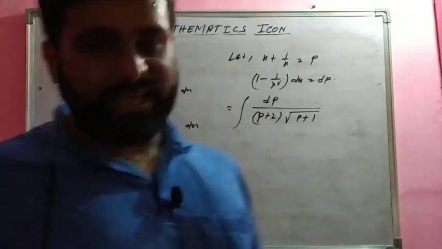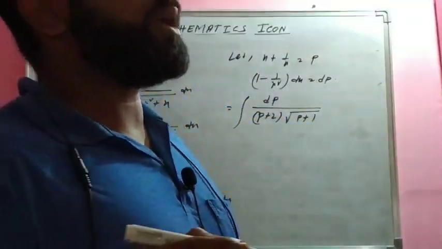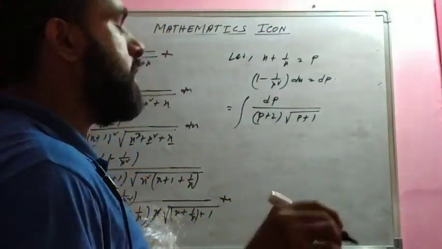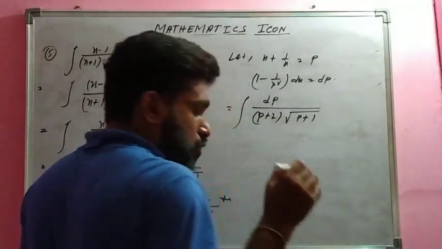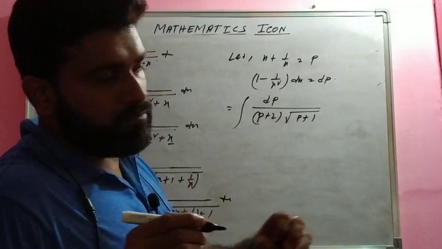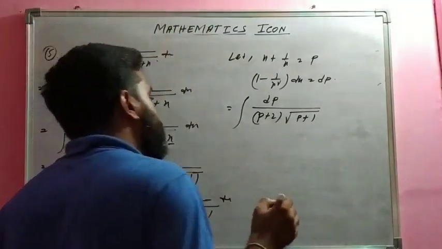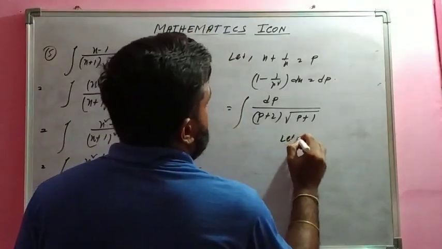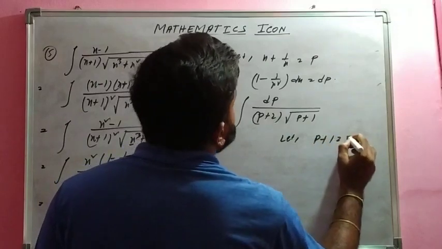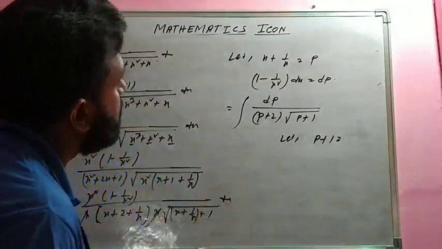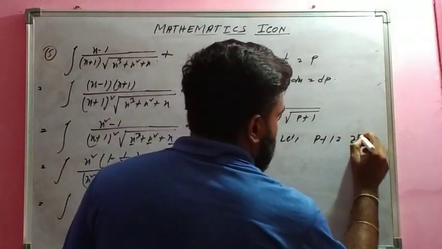So now you can see the root has a linear form inside, and a linear form outside as well. That means whatever the term in the root expression, that should be substituted first. Let p plus 1 equal z square.